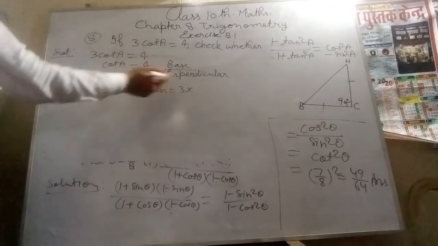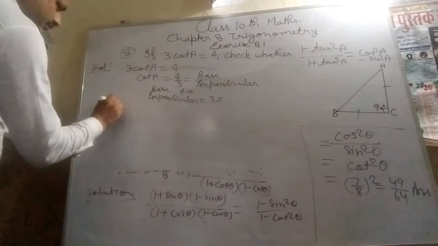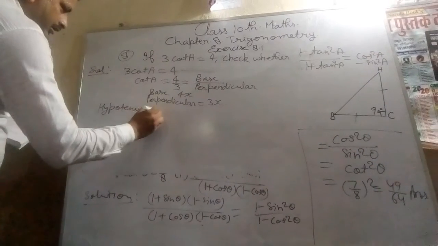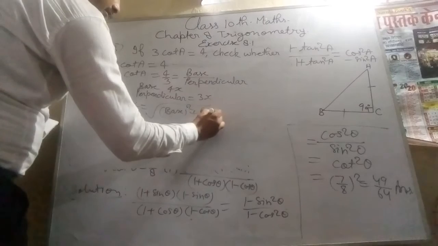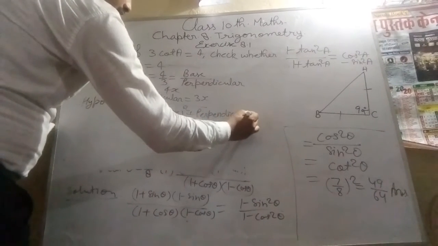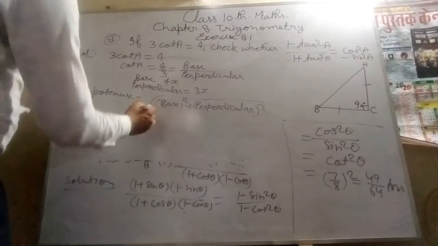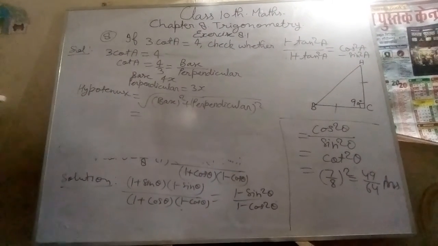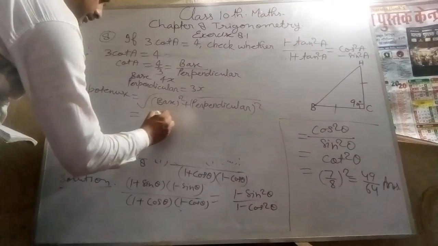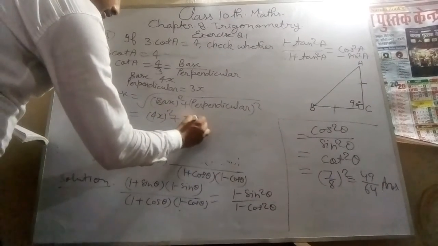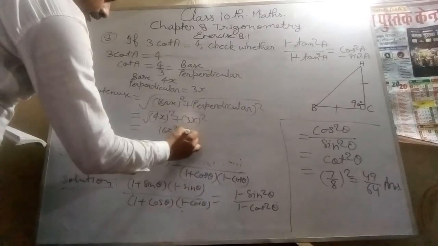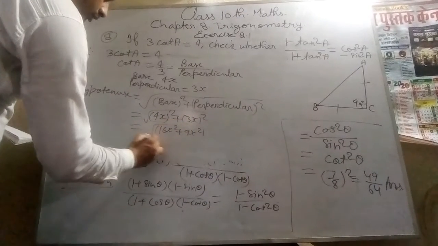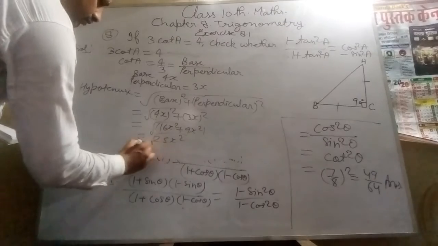So now find the value of hypotenuse, equal to under root base square plus perpendicular square, which is under root 4x square plus 3x square, 16x square plus 9x square, 25x square under root means 5x.